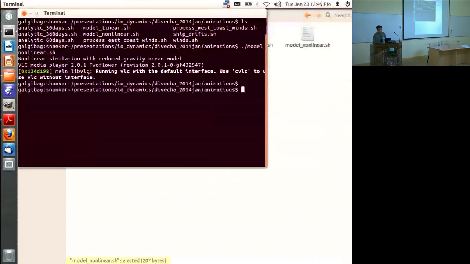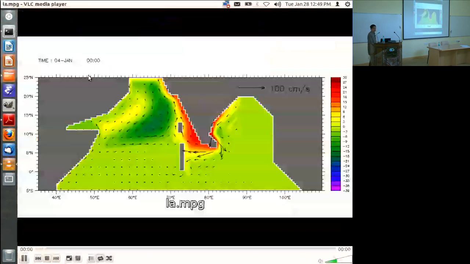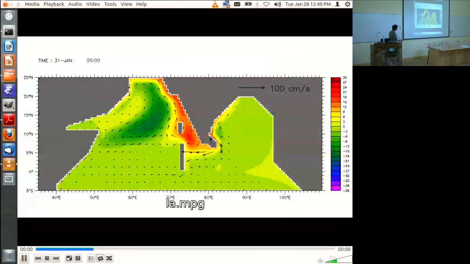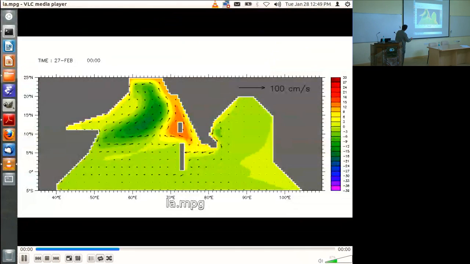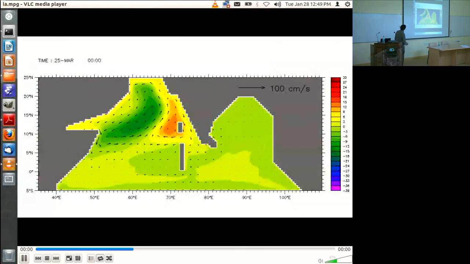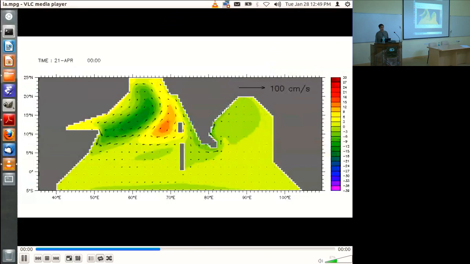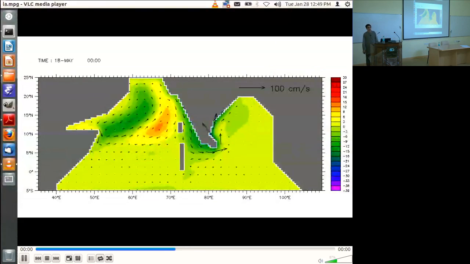I have a linear system that I will dispense with. I'll just show you the East Coast winds. This is the effect of winds just along the east coast of India. From here to here. And you see the response. It has a huge impact on the circulation of the Bay.